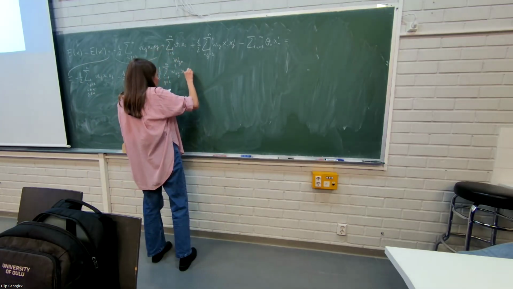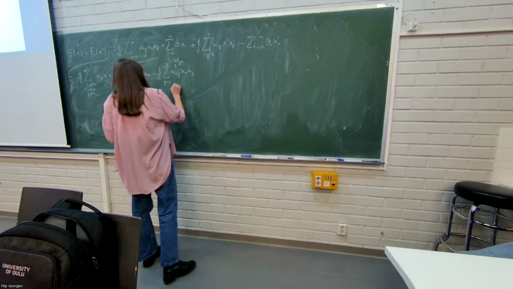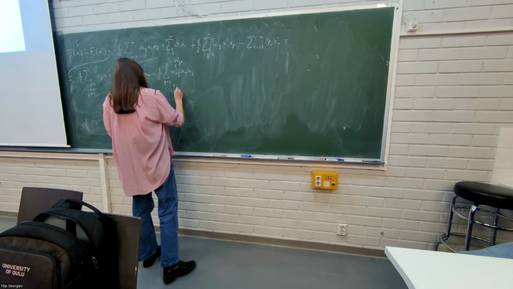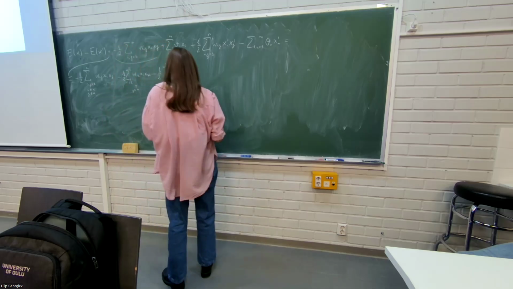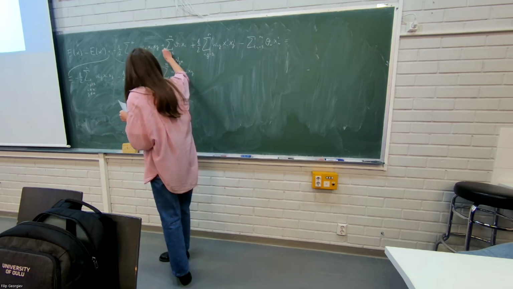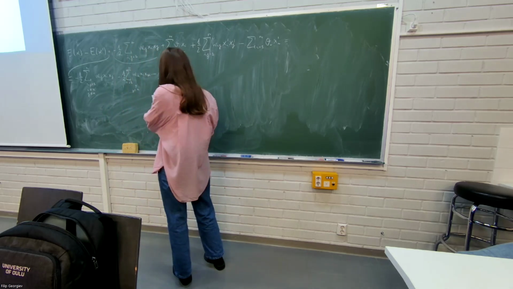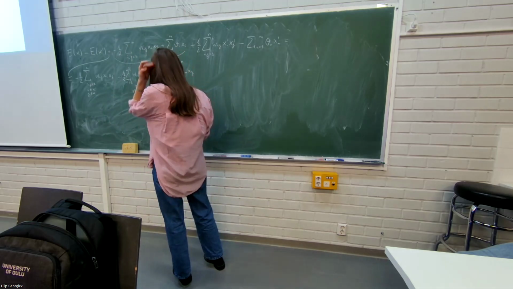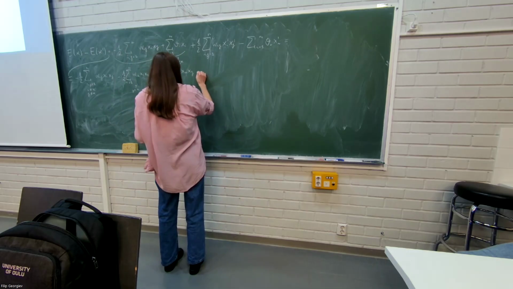xk, xj in the case for i equal to k. This is just the first term. Now, I do the same for this one. Take out the case i equal to k and do i different from k.